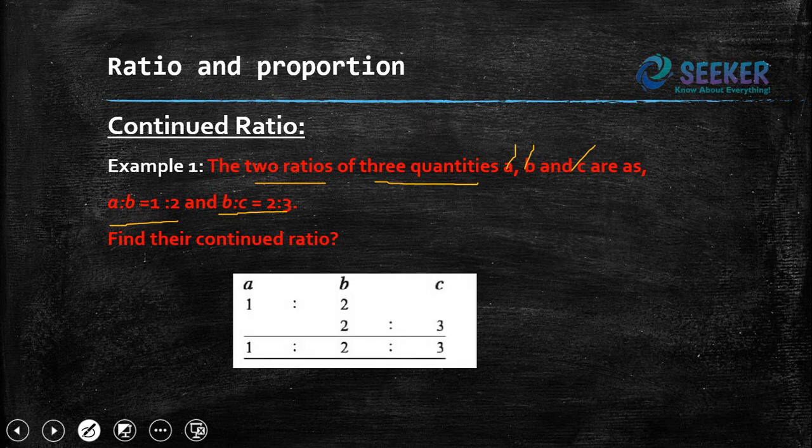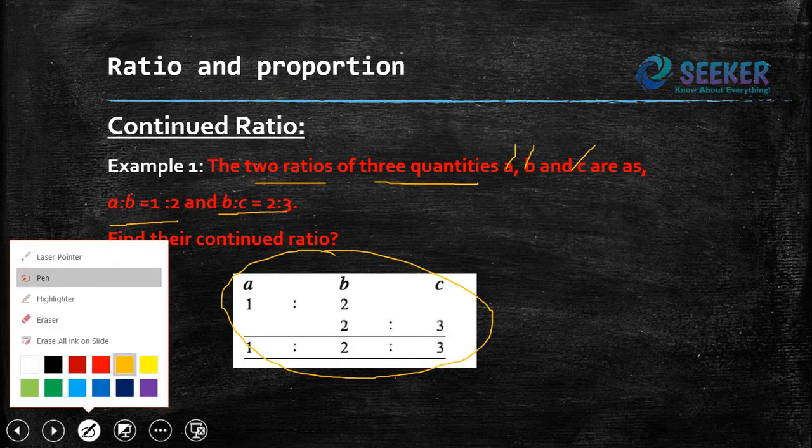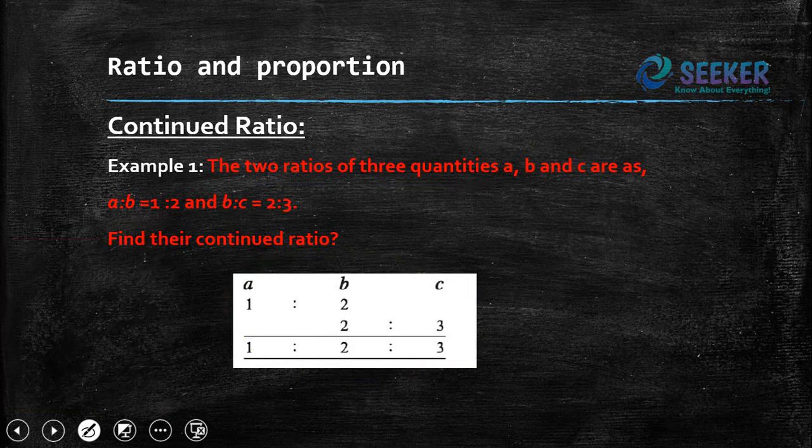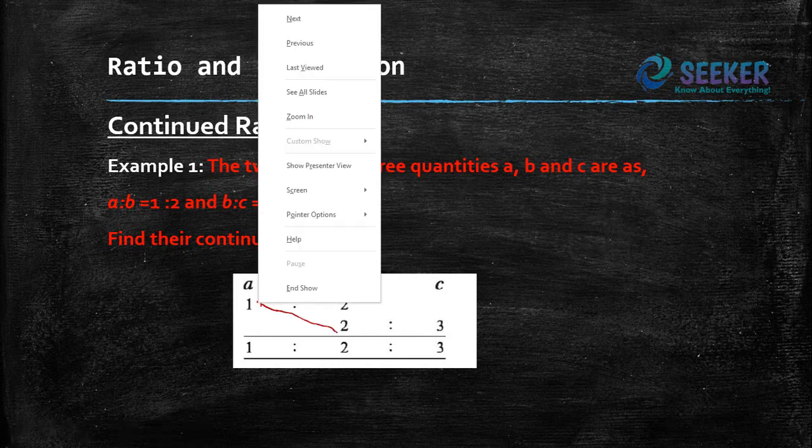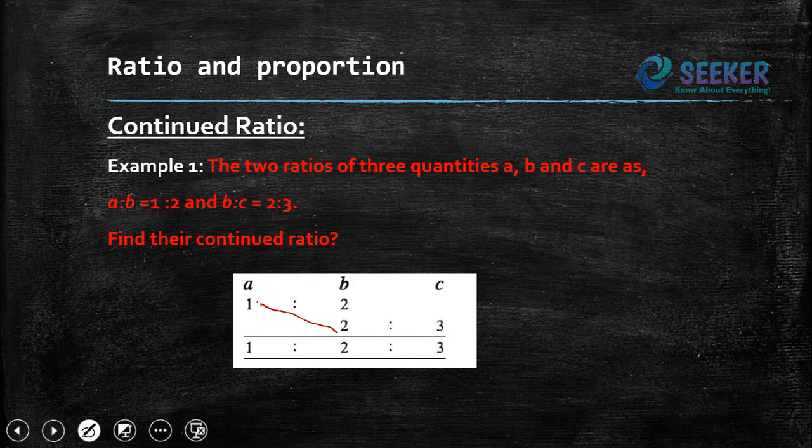Now, in order to find a continuous ratio, we write the terms as given in this image. Now look here. First we will multiply 1 into 2. The answer is 2.